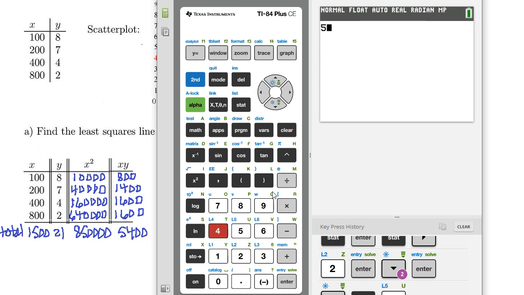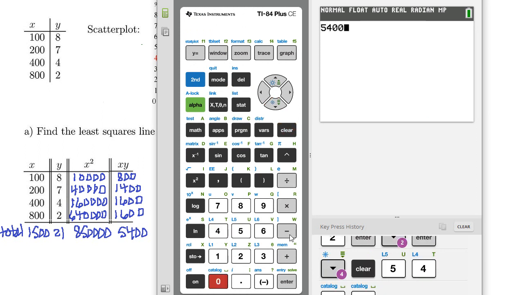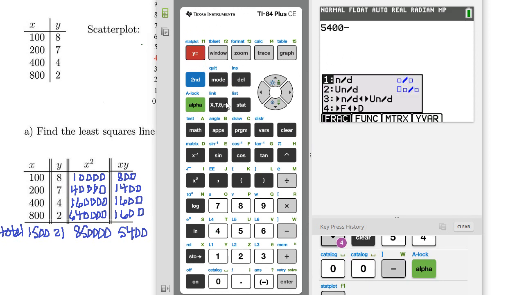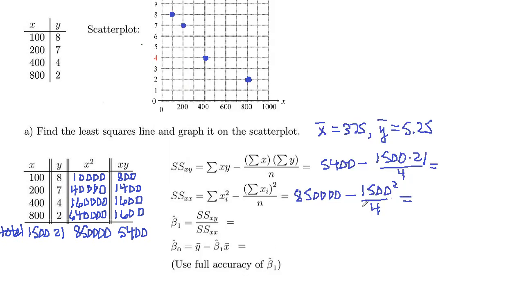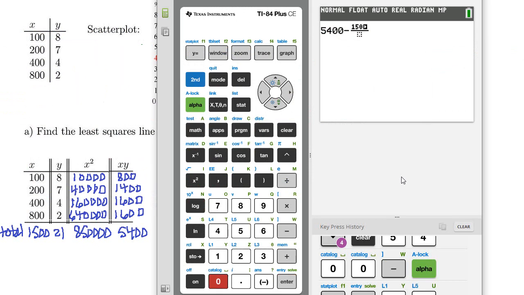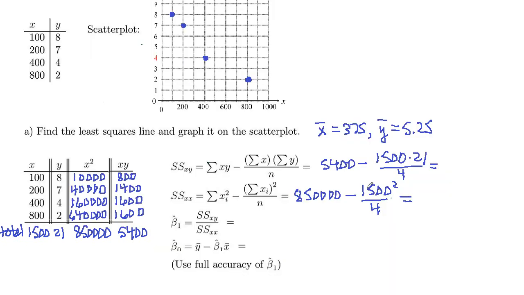So we've got 5,400 minus, I'm going to do horizontal fraction, alpha y equal enter. And then we had 1,500 times 21 over 4. So negative 2475.